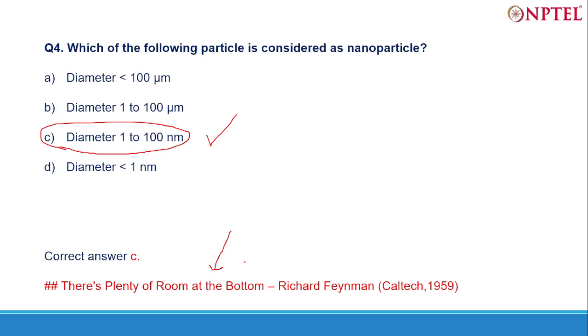If we go for nanoparticles, we see that as we go to subatomic levels or even below, the surface area to volume ratio increases. So for most properties we see a tremendous change in physical or chemical properties.